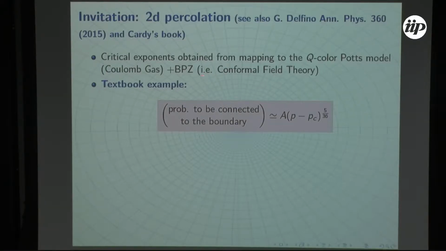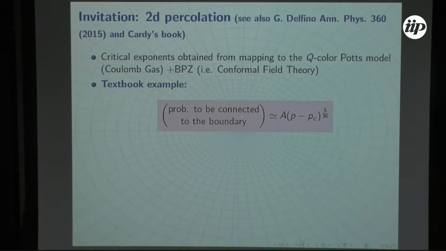They were obtained by a combination of heuristic methods, like Coulomb gas techniques, and the landmark in conformal field theory, the paper by Belavin, Polyakov, and Zamolodchikov.